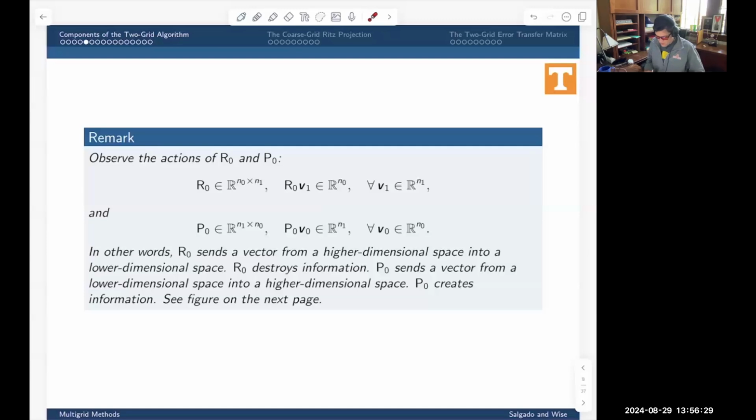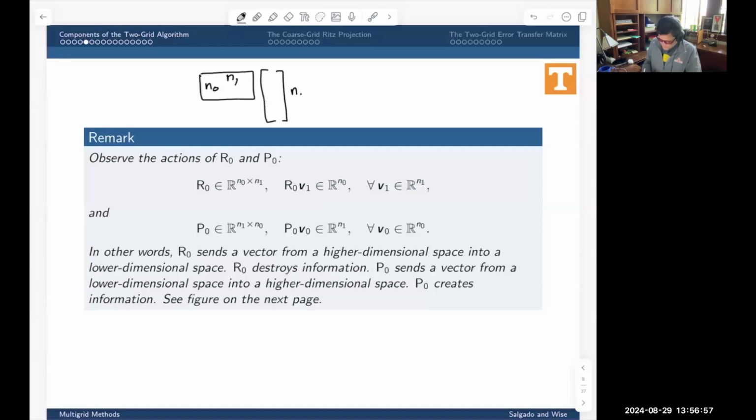Remember, R0 has N0 rows and N1 columns. So if I take a vector in N1, a large vector, what happens to it? It may be easier to see this by a drawing. I have N0 by N1, and a big vector with N1 entries that I'm multiplying it by.